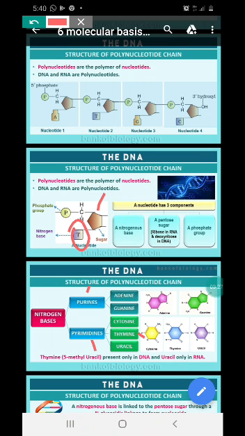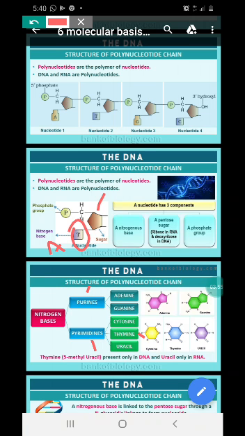Children, once again, when the nitrogenous base combines with the sugar molecule, it forms a nucleoside. Clear? Now this thymine, when it becomes a nucleoside, is called thymidine or deoxyribothymidine. Understood, children? Okay.